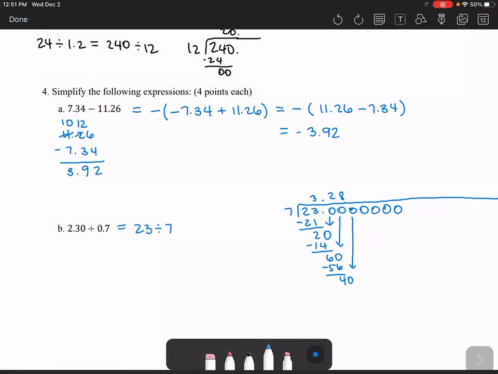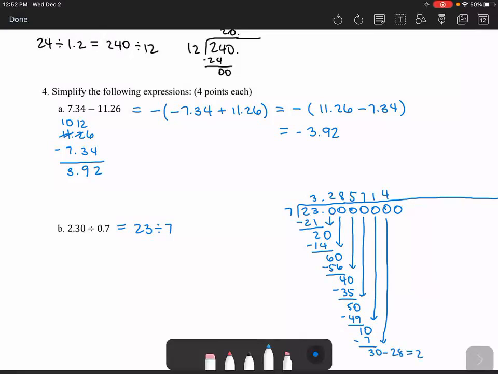7 goes into 40 5 times with 5 left over. 7 goes into 50 7 times with 1 left over. 7 goes into 10 1 time with 3 left over. 7 goes into 30 4 times with 2 left over.